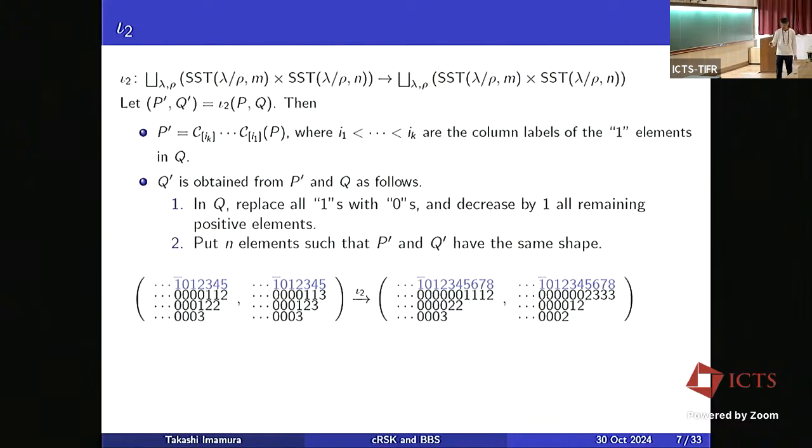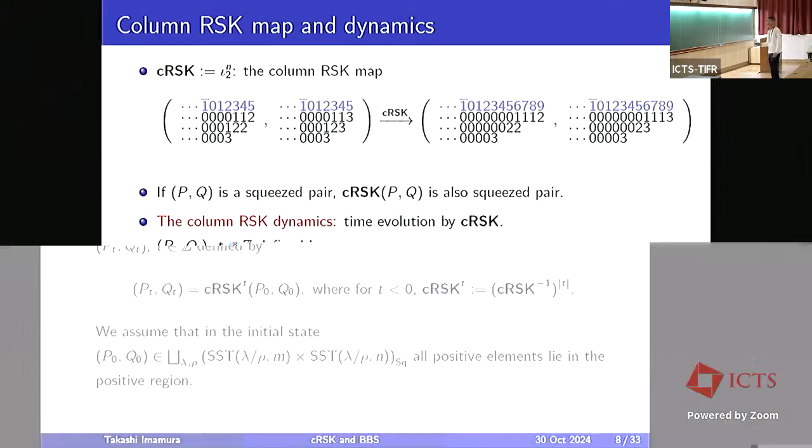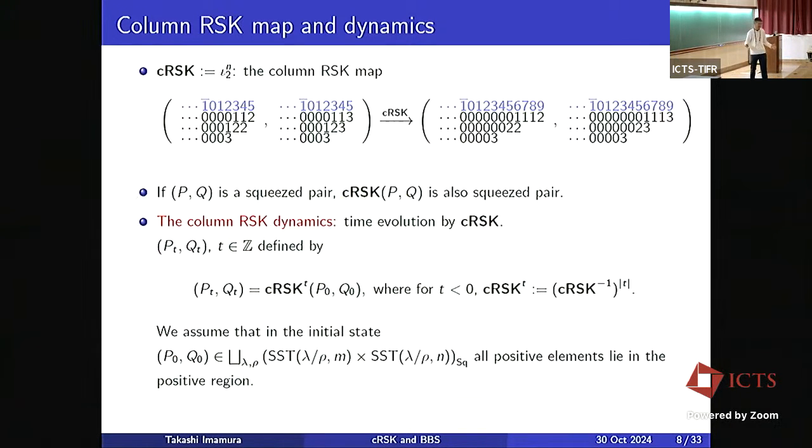The column RSK map can be defined in a completely parallel way. As with the usual skew RSK map, it is just defined by n-fold iteration of the iota 2. This is the example. By using this CRSK map, we consider the time evolution.